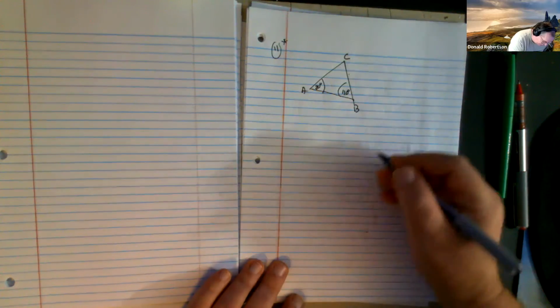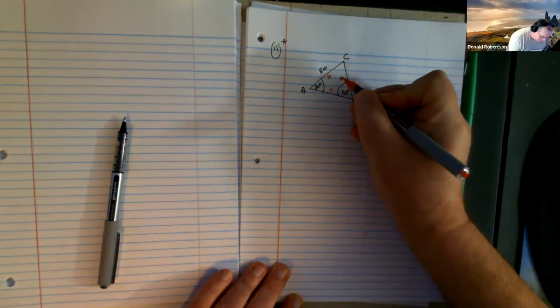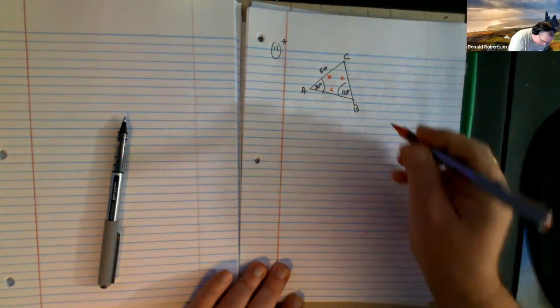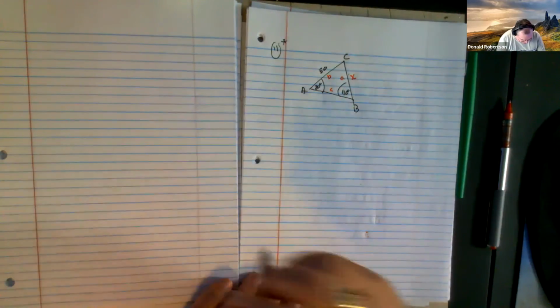And this side up here is 50, right? So little b, little c, little a. And we're being asked to find this guy over here. So they called it x. So I'm only after one guy, this guy.